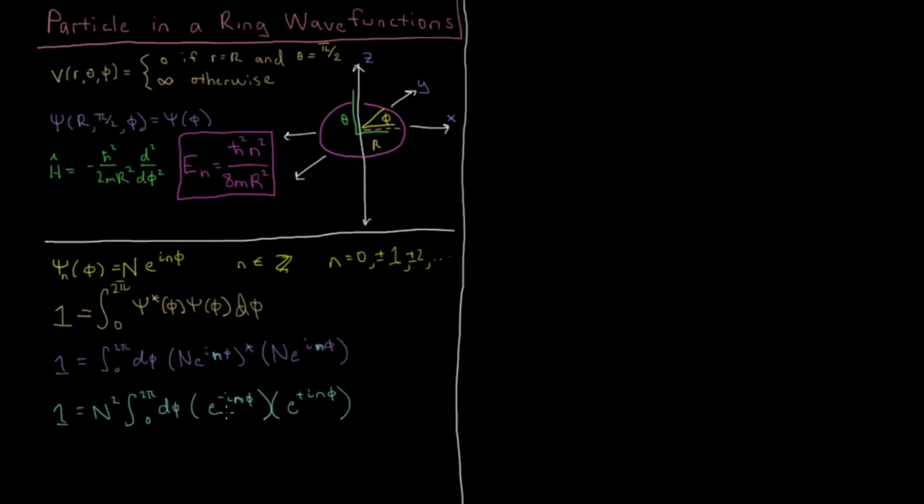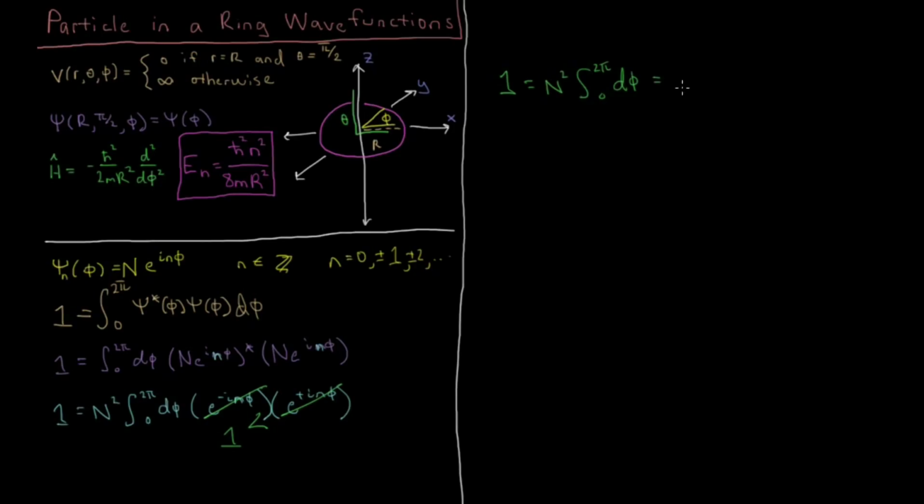Okay, then you notice we have a number times its inverse. x to the n times x to the minus n is just 1. So these two end up canceling out to give us a total of 1 there. So then what we end up with is that 1 equals our factor of N squared times the integral from 0 to 2 pi of d phi.